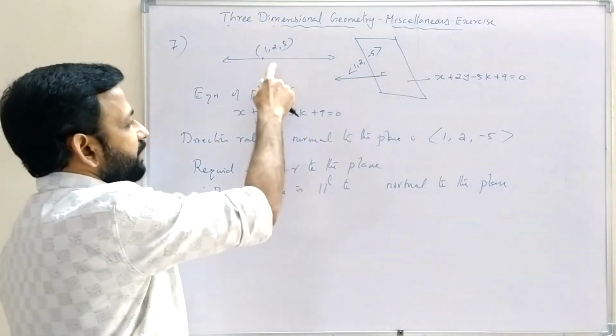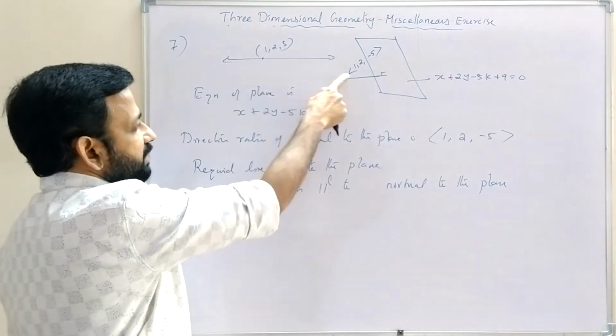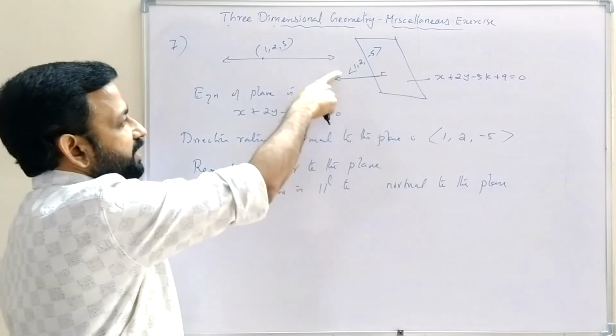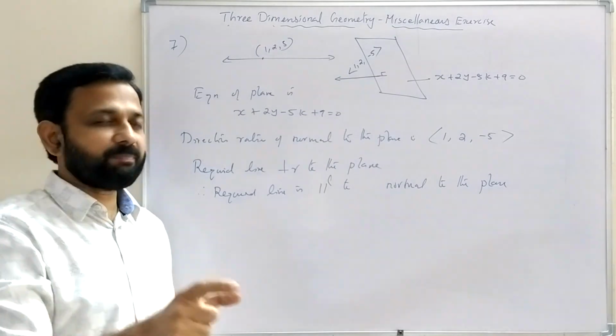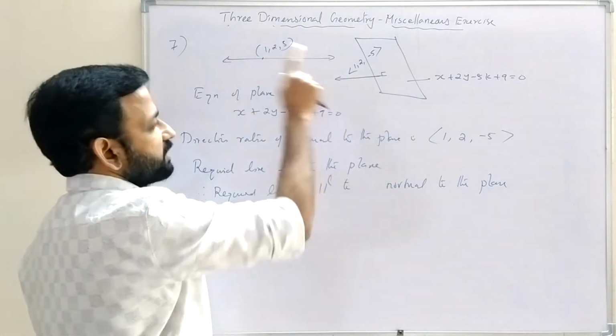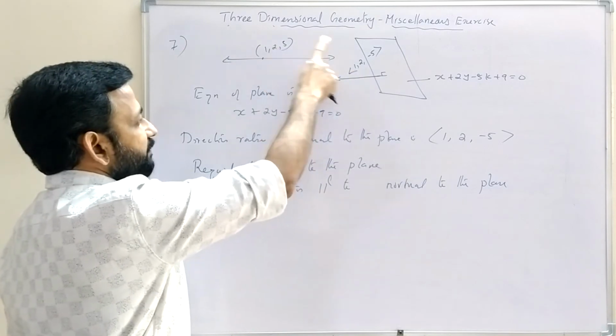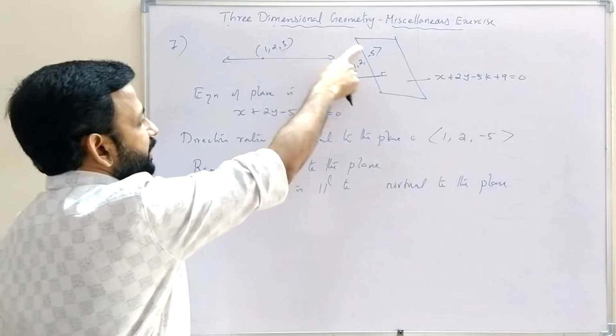So now we need to write the equation of a line passing through 1, 2, 3 with these direction ratios. The equation of a line passing through a point and parallel to this line is (x minus x1) upon a, (y minus y1) upon b, (z minus z1) upon c.